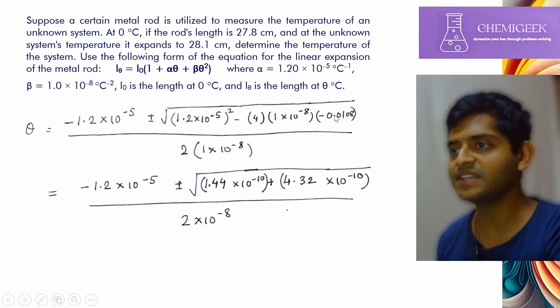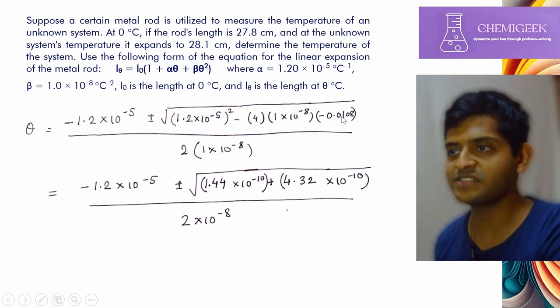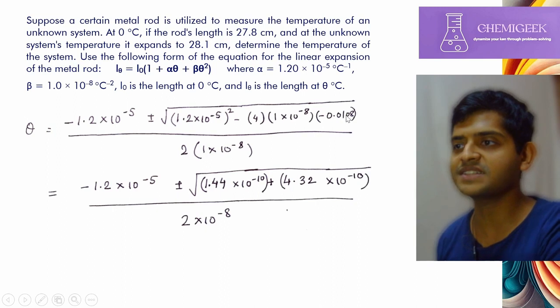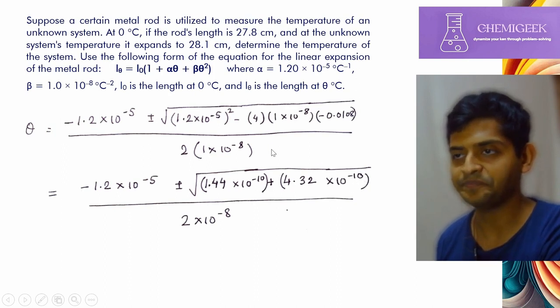So basically, if we shift this decimal point twice to the right-hand side, we get 1.08. So 1.08 into 4 is 4.32, and this gives 10 to the power minus 10.